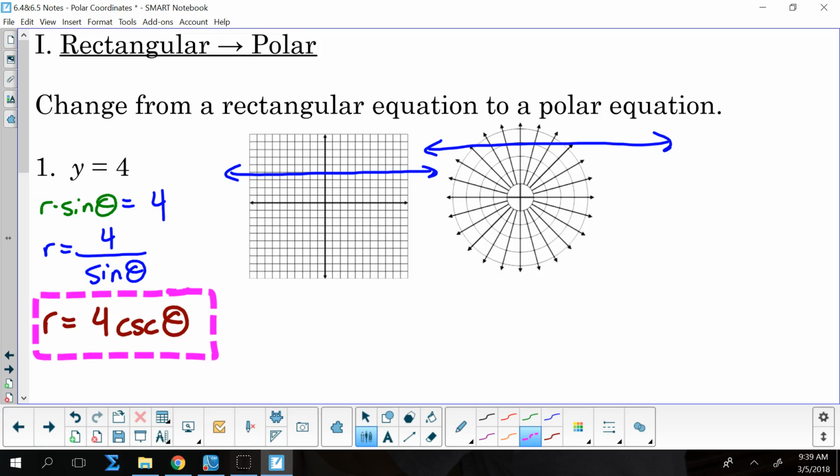It's still a horizontal line. Why not just keep it in rectangular? Because we don't do everything in rectangular. Right now we're working in polar, so we've got to figure out how to go from rectangular into polar. Okay? Let's check it.